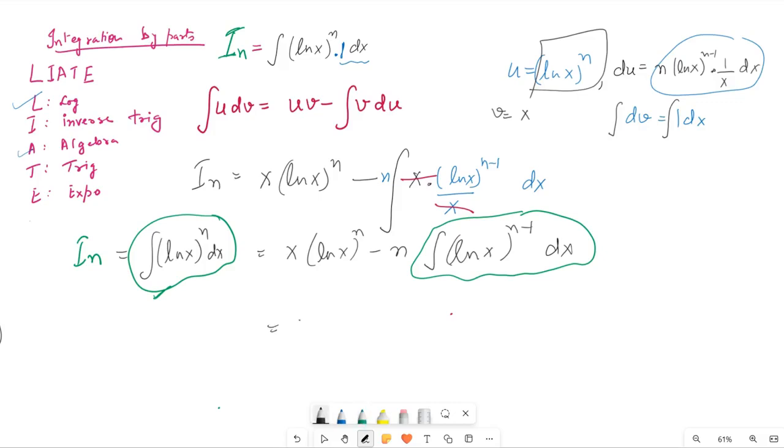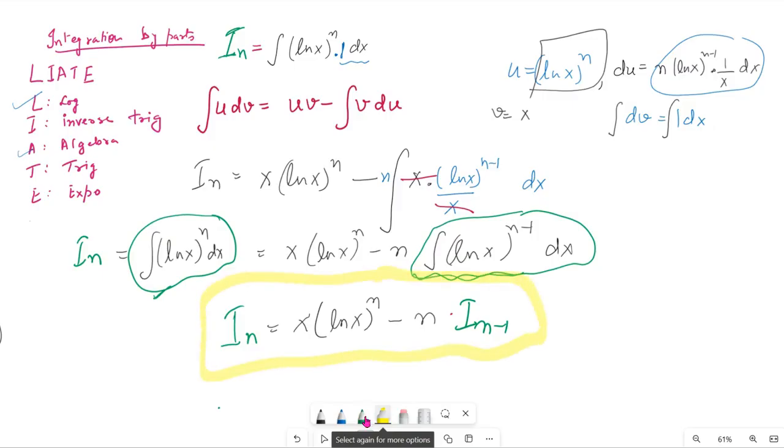So I'm going to write this one more time, see if you understand it. This part I'm just copying, and this I'm just copying. But this integral, I'm going to name I_n minus 1. So it's the same integral, but now in place of n we have n minus 1. So I_n is equal to x times natural log of x to the power n, that part is already solved, minus n times I_n minus 1.